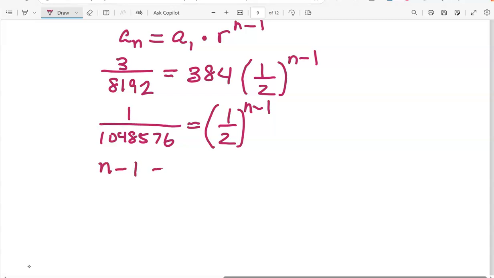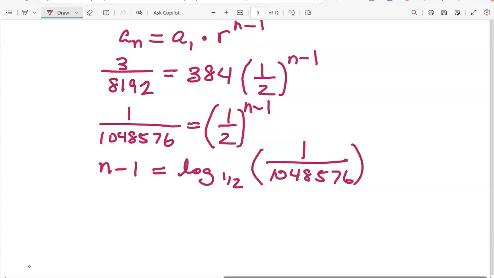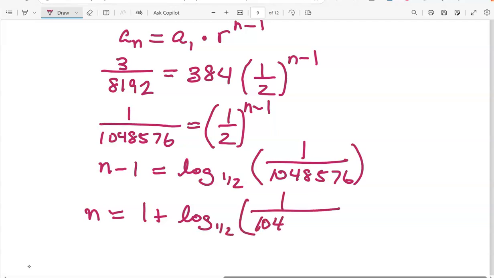Solving for the exponent, n minus 1 is equal to the log base 1/2 of 1 over 1,048,576, and so n is equal to 1 plus the log base 1/2 of 1 over that really big number.